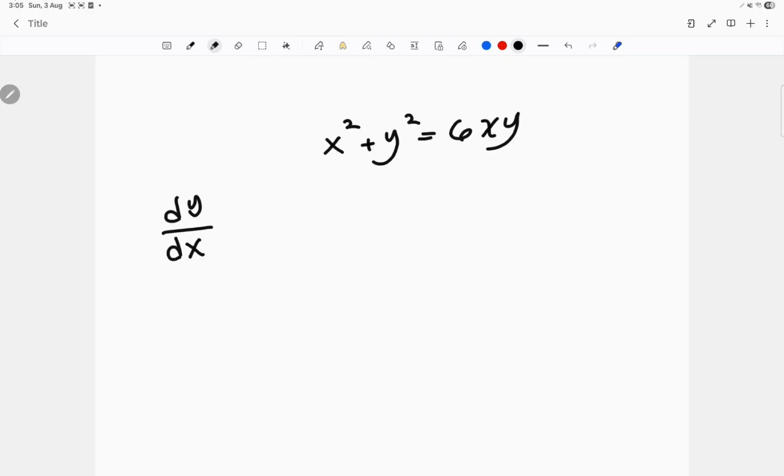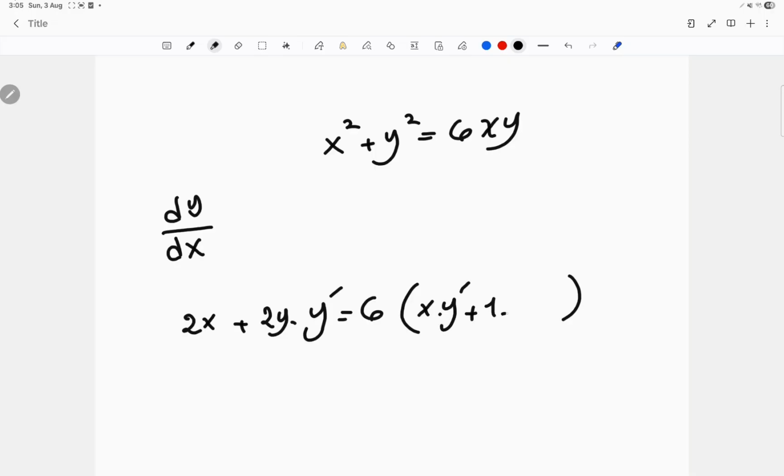So, x squared becomes 2x plus 2y, y prime, equals 6, product rule, so x times y prime plus 1 times y. So 2x plus 2y, y prime, is equal to 6x y prime plus 6y.